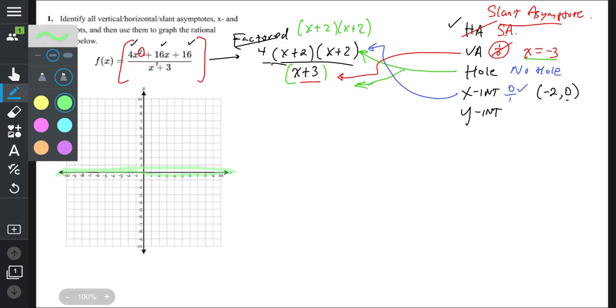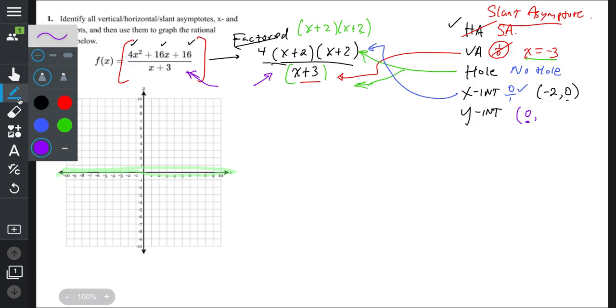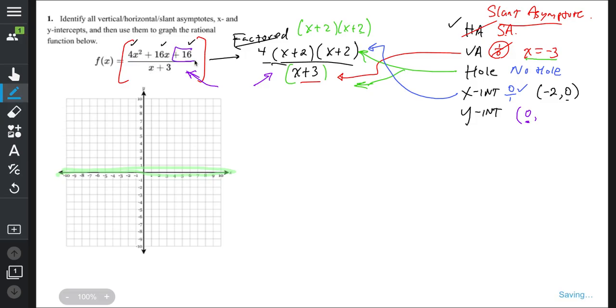Y-intercept. It's convenient to look here. It's doable by looking at this version as well, but it's what happens when you plug 0 in for x, and seeing what comes out. Well, when 0 is plugged in here for x, all that remains is 16 on top and 3 on the bottom.